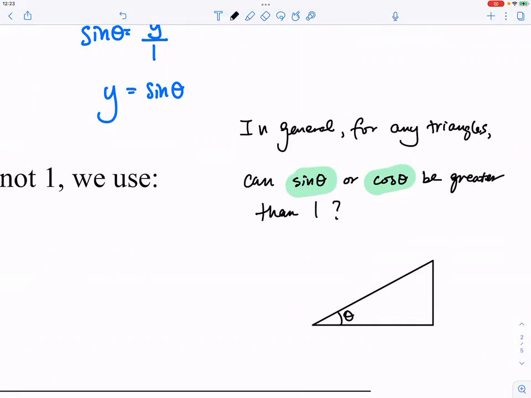I can give you a triangle as a hint. So see if you can make use of the triangle and think about whether sine theta or cosine theta can be greater than 1.